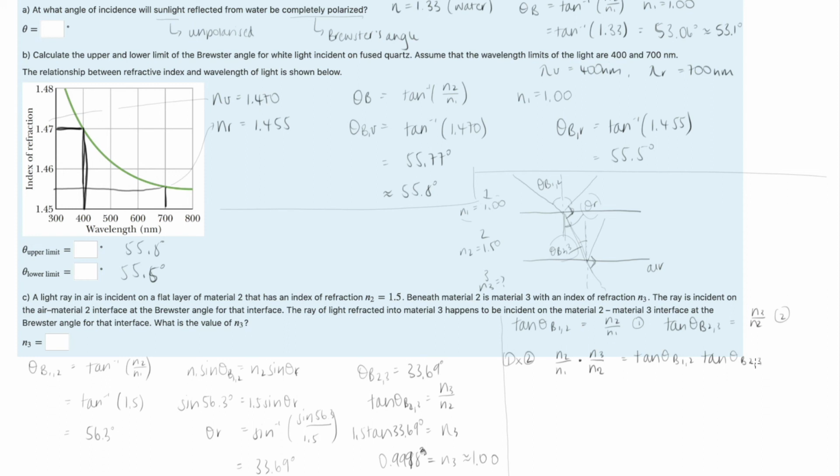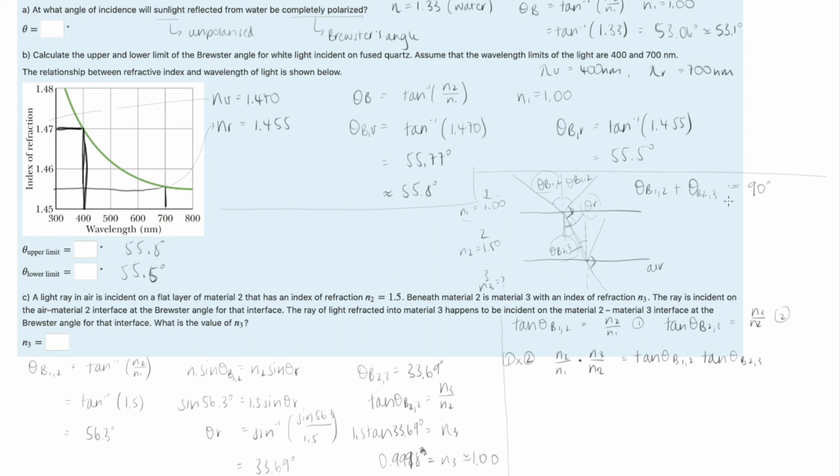Now we are going to try and work out what our angles are here. If this is the Brewster angle of materials 1 and 2, and this is the refracted angle, which happens to be the Brewster angle between materials 2 and 3, what we can say is that the Brewster angle between 1 and 2 plus the Brewster angle between 2 and 3 must equal 90 degrees.